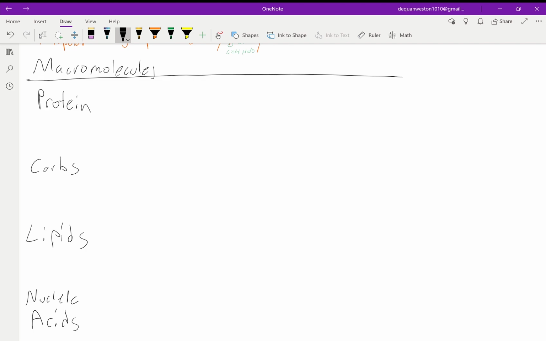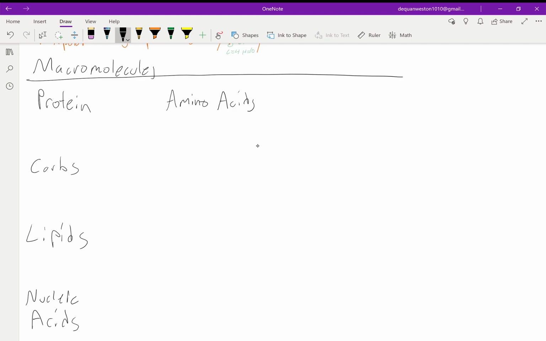For the protein, what makes up a protein is amino acids. And when it comes to amino acids, there's hydrophobic, hydrophilic, and then there's charged, positive and negative. The positives are going to be your bases, negatives are going to be your acids.